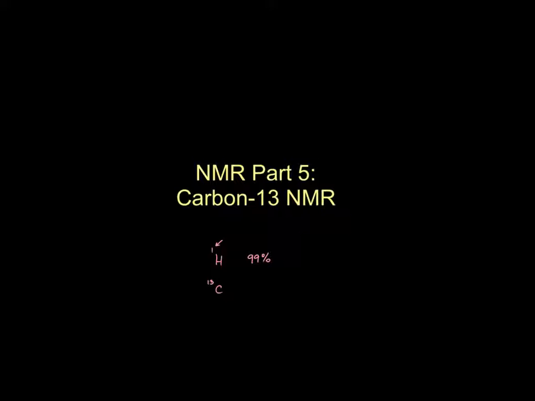Carbon-13 only represents approximately 1% of the natural abundance of carbon. And therefore, when we are looking for carbons in the carbon NMR, we can only see 1% of the carbons that exist. So there's not a lot of carbons to see. So what we do see gives us a little bit less information than we could see with hydrogen. So let's move in and see how this makes sense and what information we can tease out of a carbon NMR.